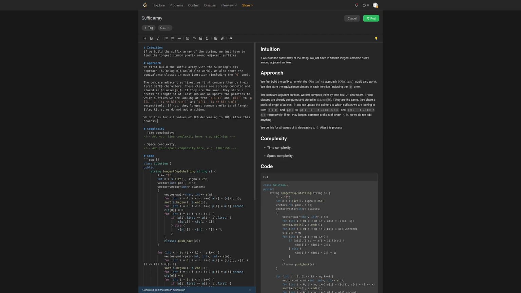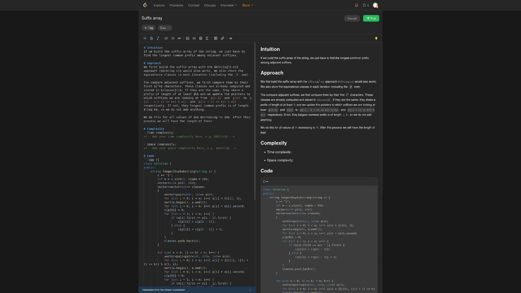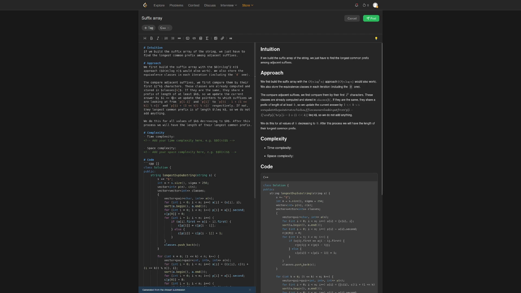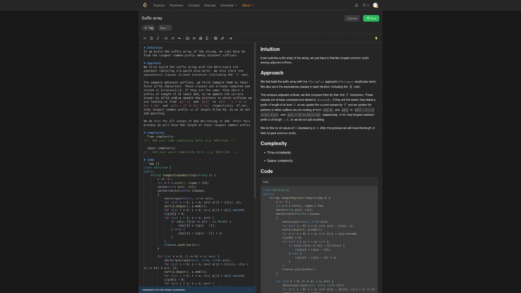After this process, we will have the length of their longest common prefix. So we update the current answer by 2^k and, okay.